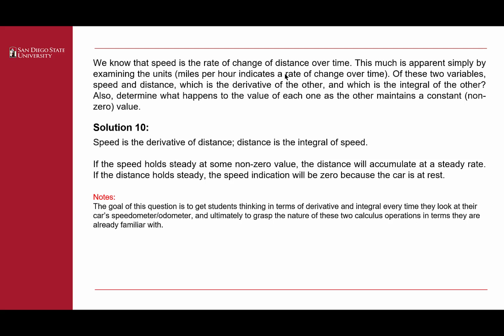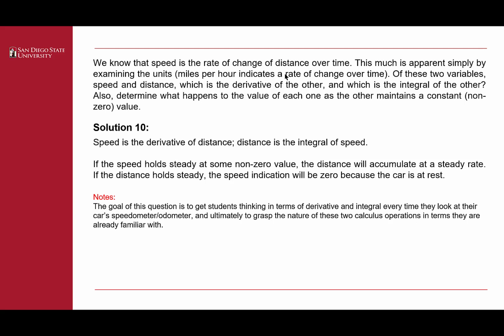So if you cannot decide if a variable is constant or changing over time, then you can just analyze the unit. If there is time in the unit, like per second, then it will probably change over time.